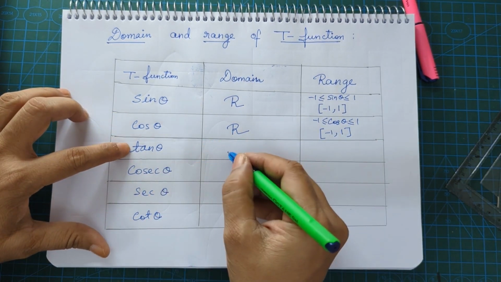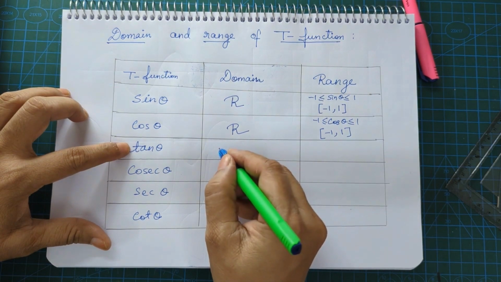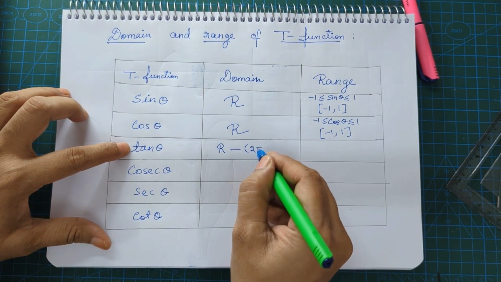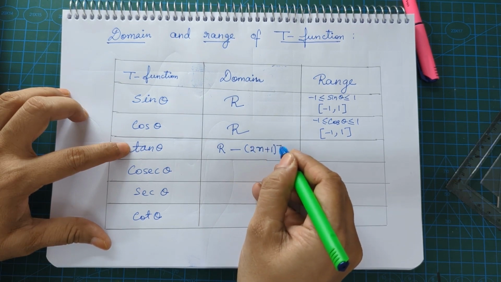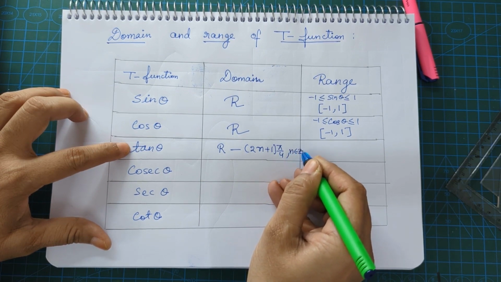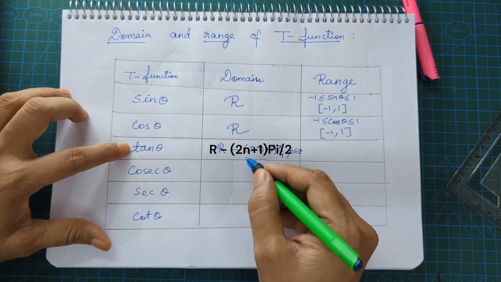Tan of an angle is not defined for odd multiples of pi by 2. So that's why all the real numbers from which we will subtract the odd multiples of pi by 2. 2n plus 1 is an odd multiple of pi by 2. Here n belongs to the set of integers Z. So, tan 90 is infinite, not defined.